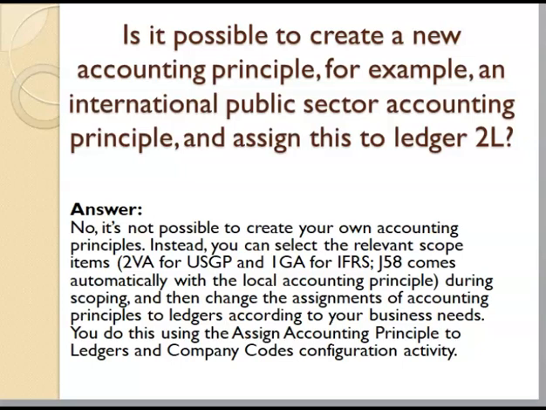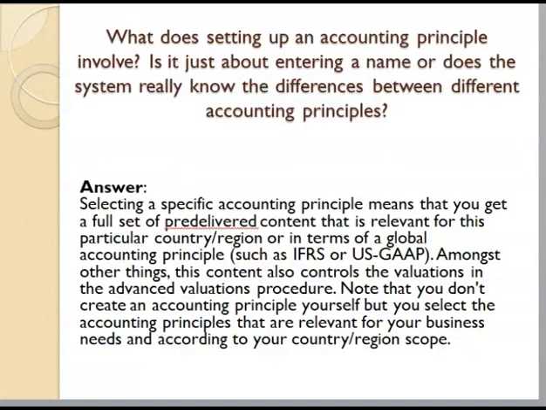Instead, you can select the relevant scope items, 2VA for US GAAP and IGA for IFRS. 5B comes automatically with the local accounting principle during scoping, and then you change the assignments of accounting principles to ledgers according to your business needs. You do this using the Assign Accounting Principles to Ledgers and Company Codes configuration activity.